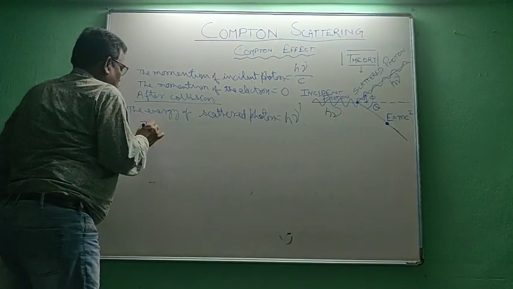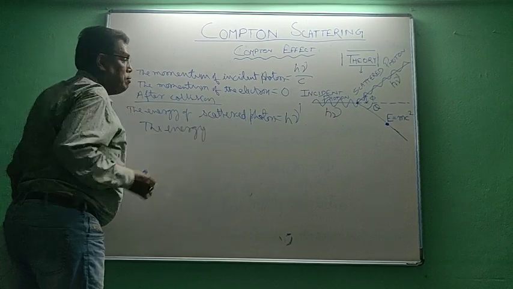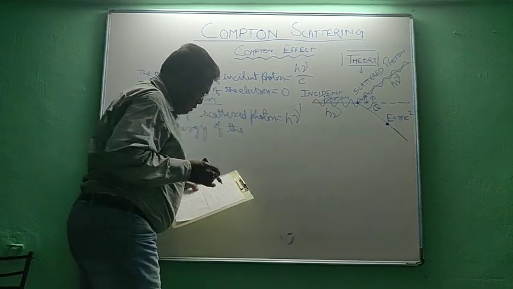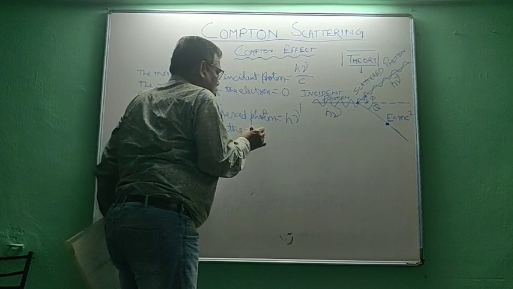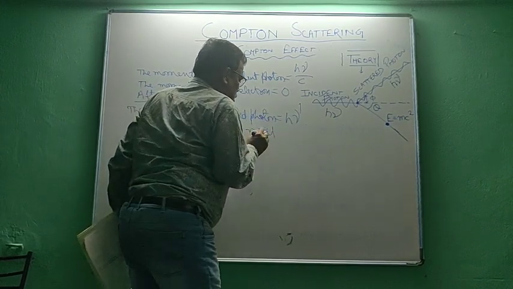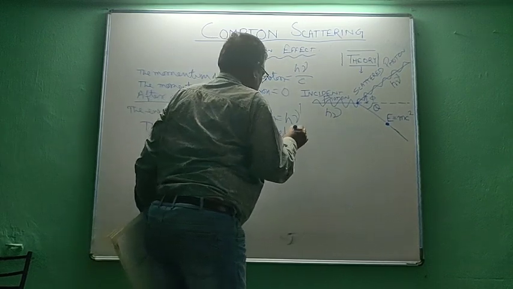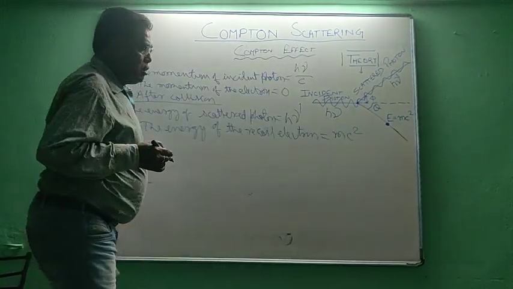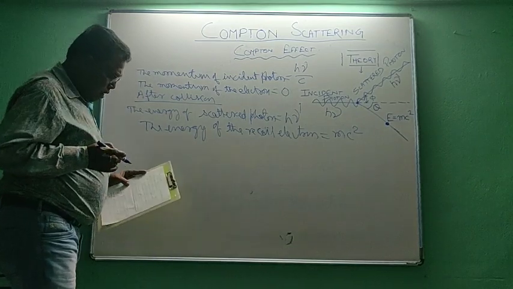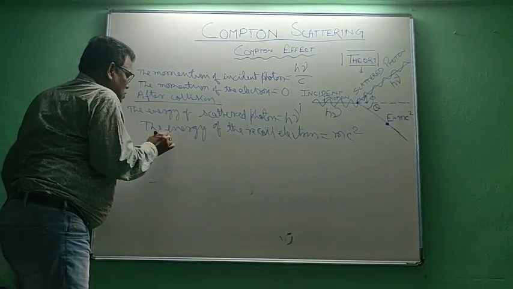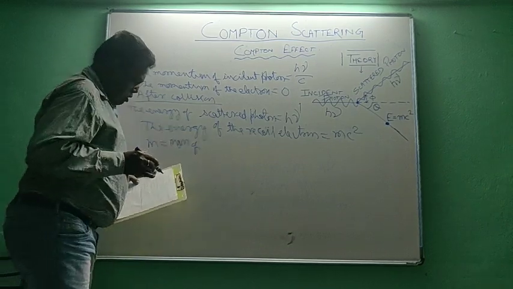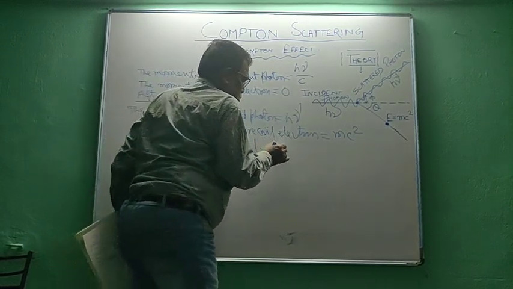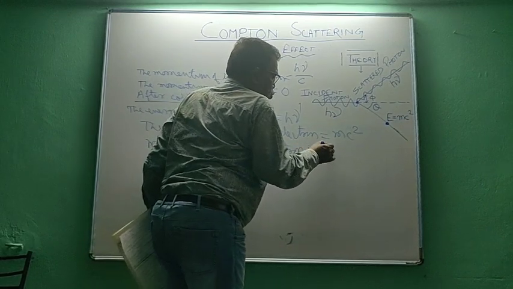The energy of the recoil electron, because the electron will be emitted from the scatterer, is equal to mc square, where m is the mass of the recoil electron in motion.